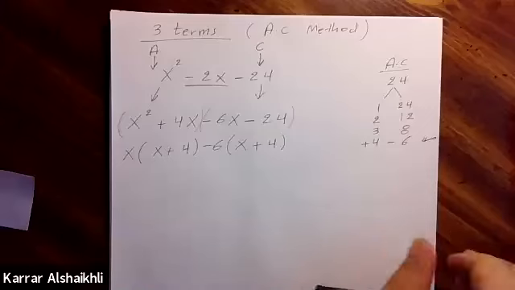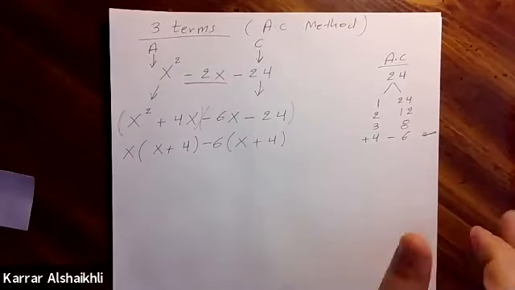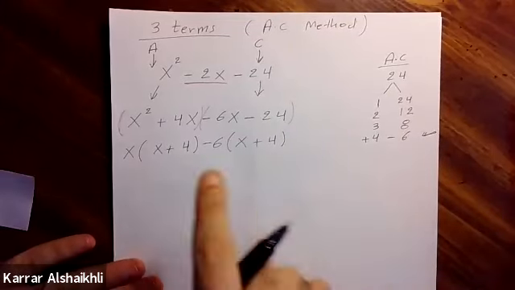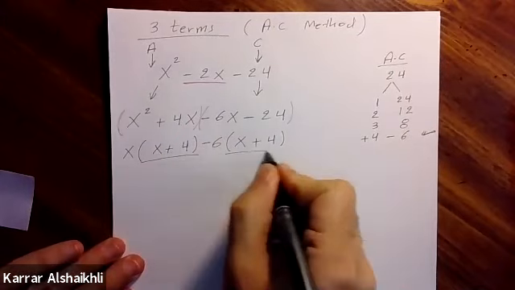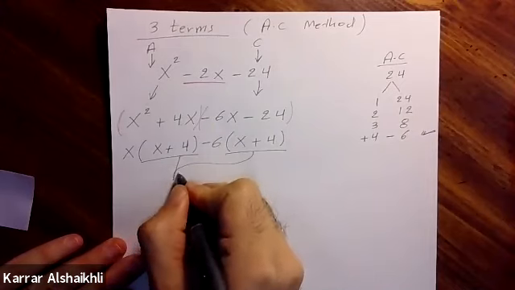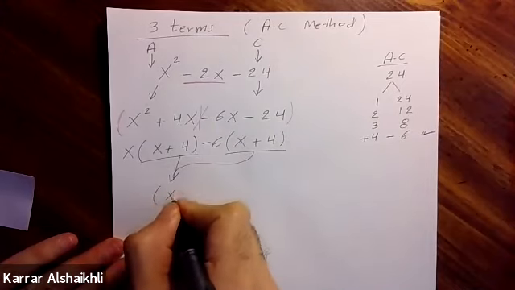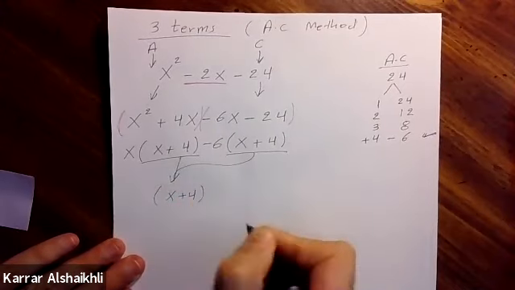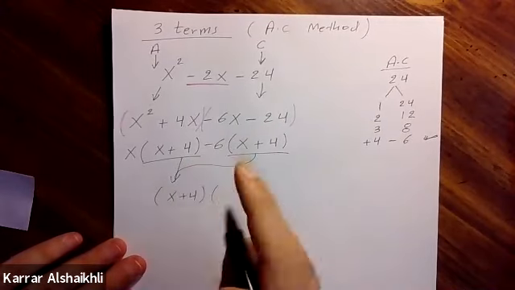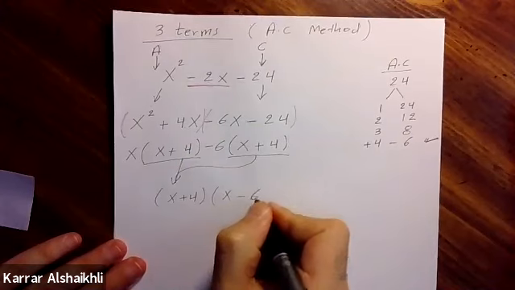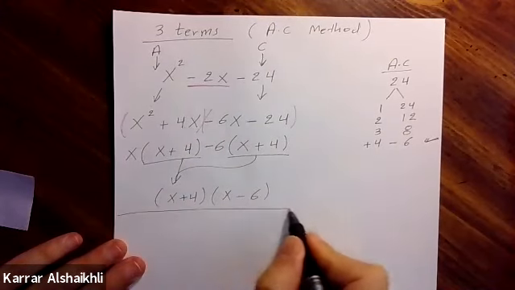So check now with all these steps. I know I'm doing the right thing. Why? Because I got exactly the same parentheses. That means this one is similar to this one. So I'm going to write down x plus 4, and the leftover is going to be x minus 6. That's it.